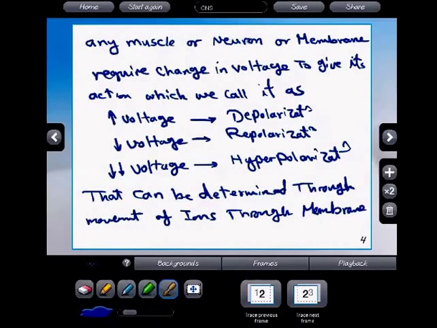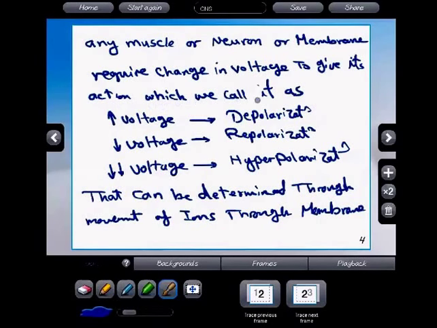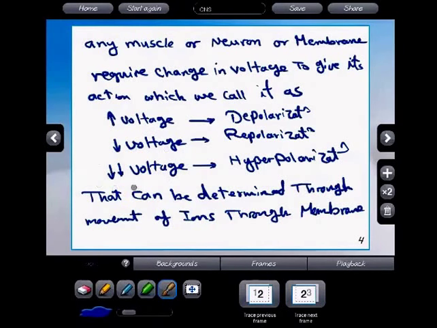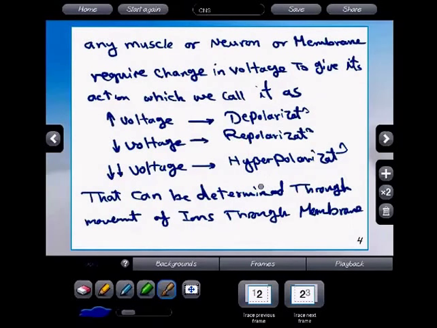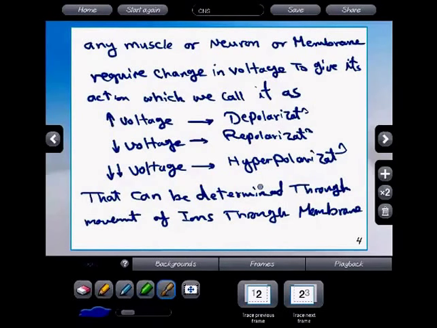Any muscle or neuron or membrane requires a change in voltage to give its action, which we call increase in the voltage depolarization, decrease in the voltage repolarization. A very decrease in the voltage or the potential is hyperpolarization, and that's determined through movement of ions through the membrane. The sodium influx, the calcium influx, the potassium influx increase the potential and make depolarization.